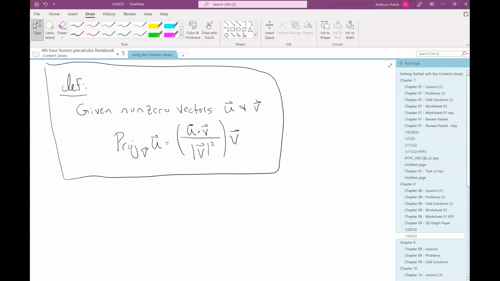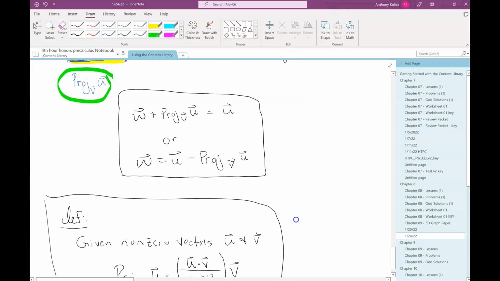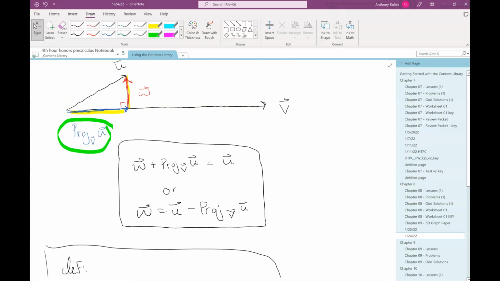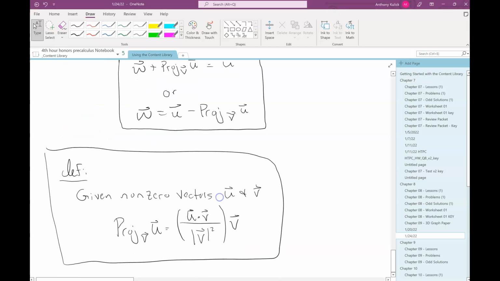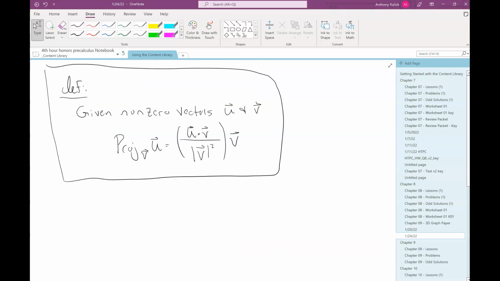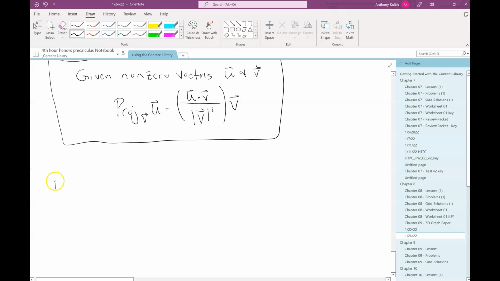So a couple of things to look at here. Notice in the original drawing, when I drew my vector v, I drew it arbitrarily long. In a lot of senses, the length of vector v isn't really that important. I'll call these finer points.